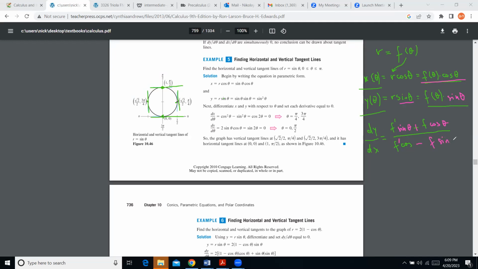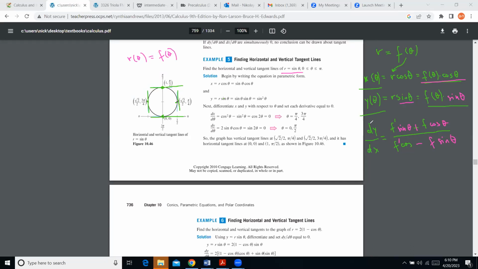Okay. So when I have some kind of function which is r of theta, basically function of theta, then they gave us this function which is a sine here.